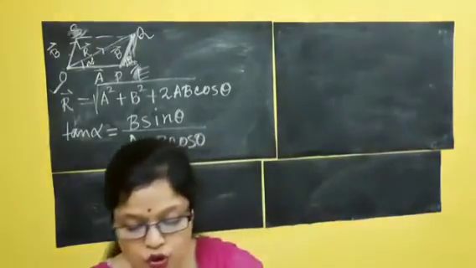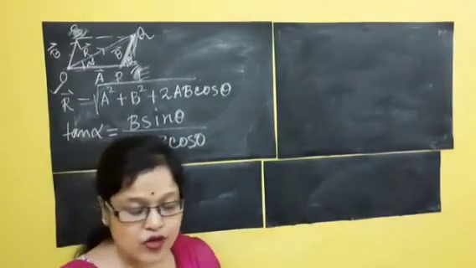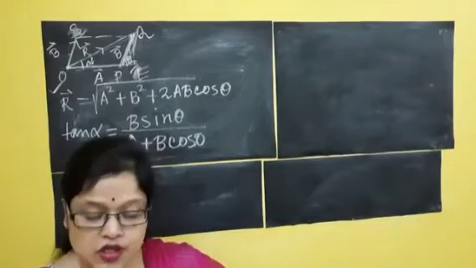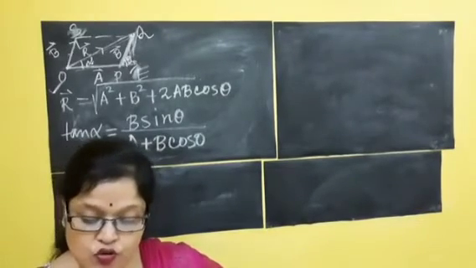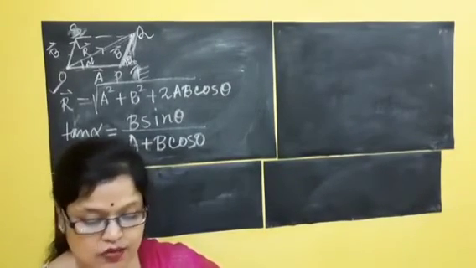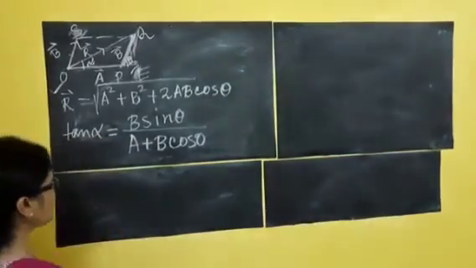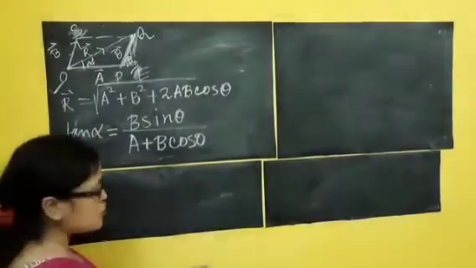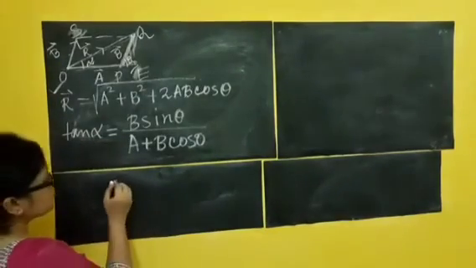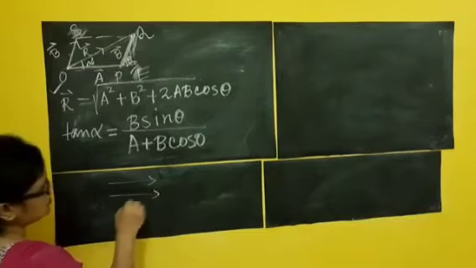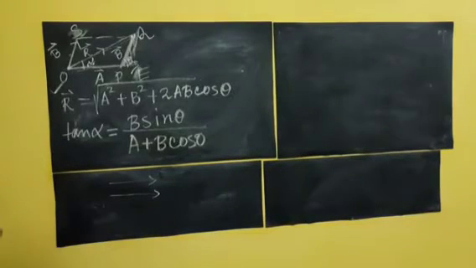Clear? So now I will discuss a few cases. What might happen? Suppose two vectors are proceeding in the same direction. If two vectors are in the same direction, it means two vectors are parallel to each other. Suppose one vector is proceeding along this direction, another also proceeding along this direction. What will be their resultant?